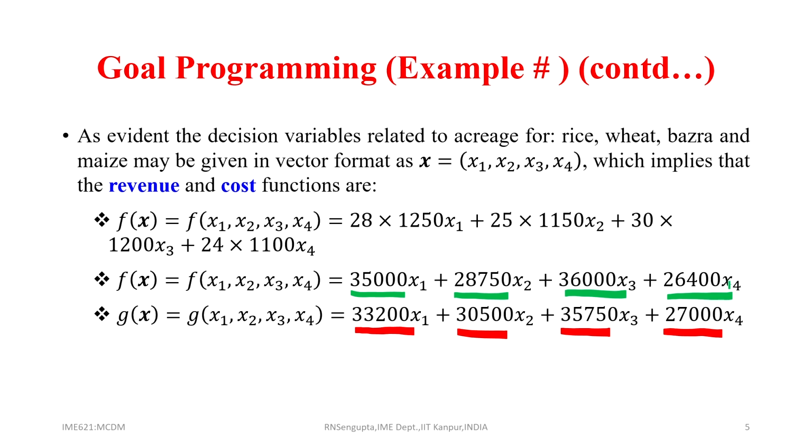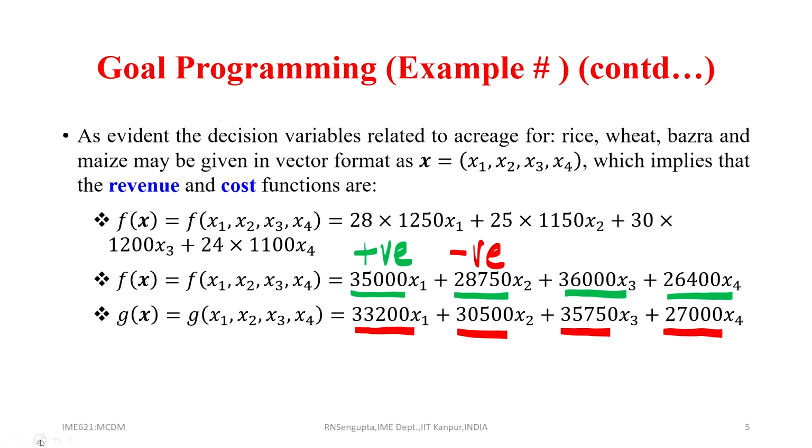Very interestingly, if I follow for the first variable, which is rice, if I take the values, so x 1 is common, if I take the differences, this will be positive. I am using green color for positive. If I consider the next variable, which is wheat, this is negative, because 30,500 is a cost which is more than 28,750, which is the revenues.